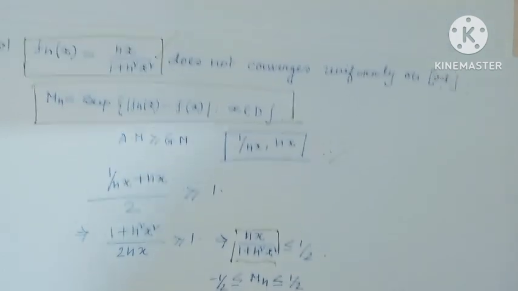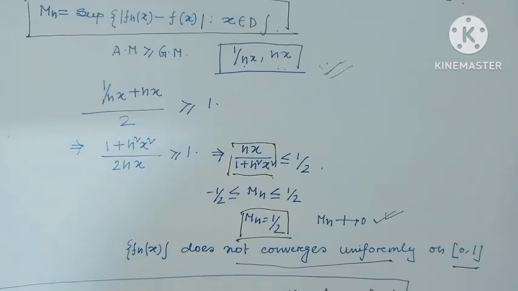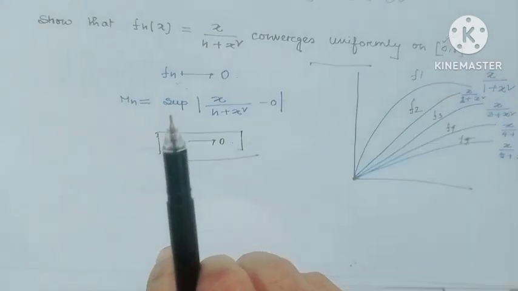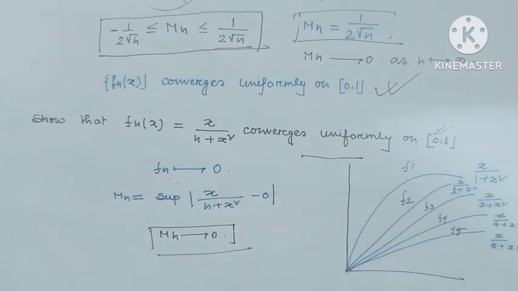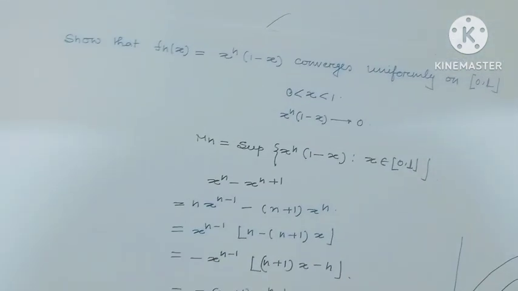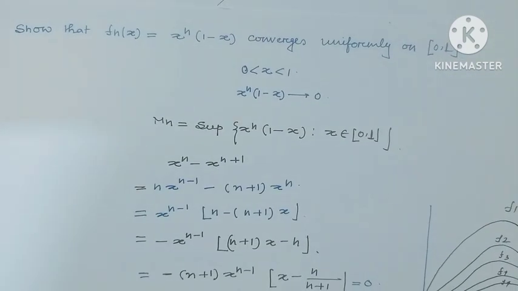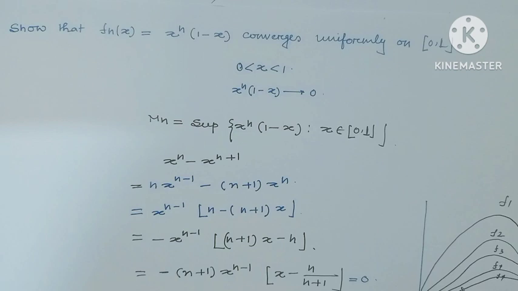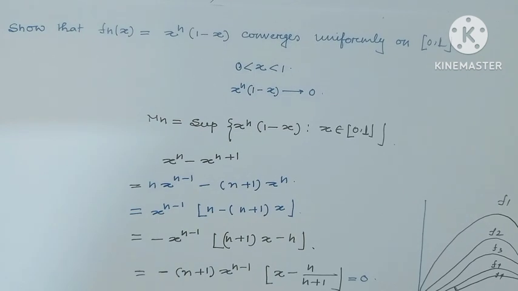Notice these three functions. Again, next, consider the sequence of functions x to the power n times 1 minus x. This converges uniformly on the closed interval [0, 1].